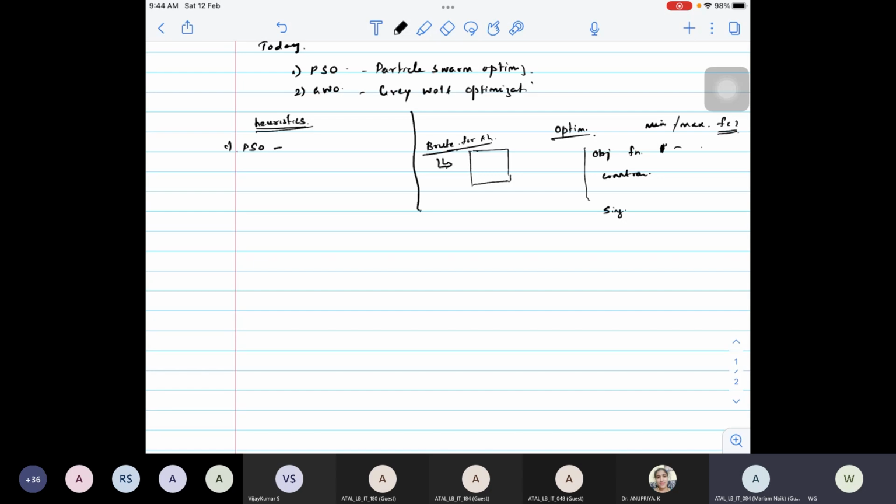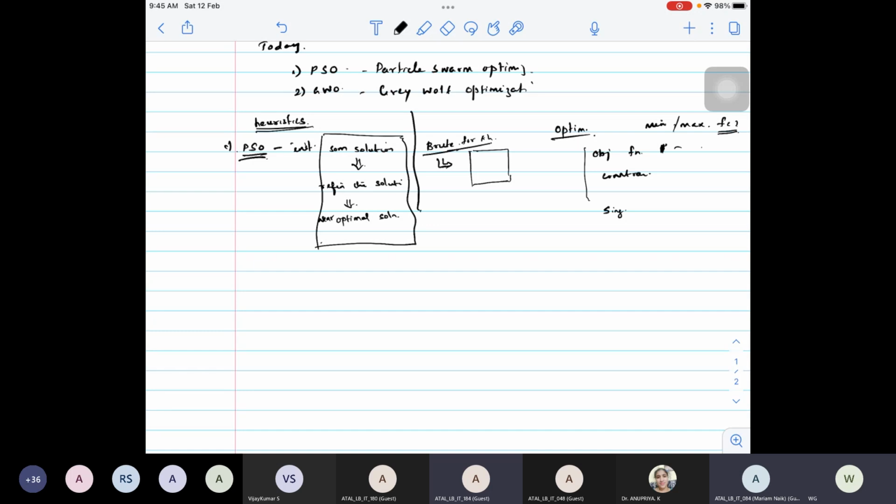In all heuristics, you initialize some solutions, and then you iteratively keep refining the solutions such that you reach the optimal or near optimal solution at the end, right? That is the normal flow of operation.